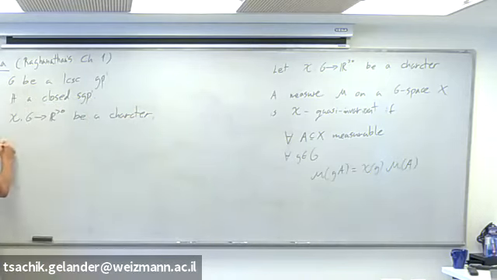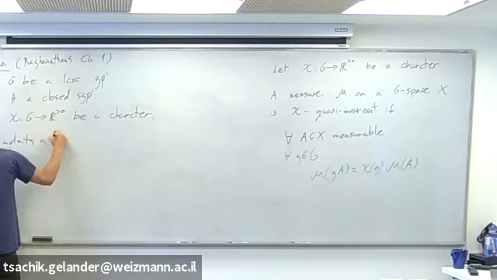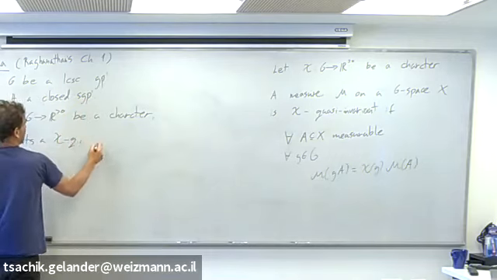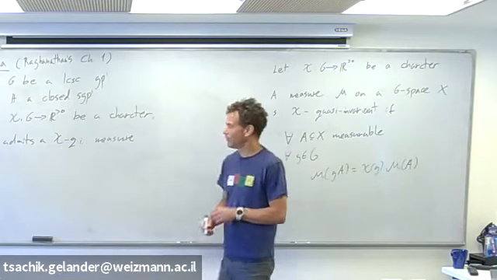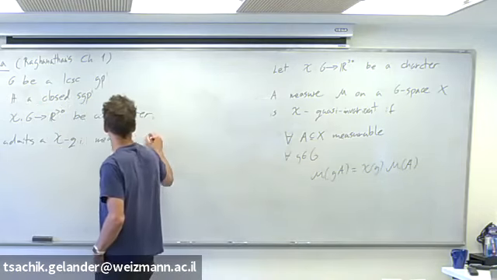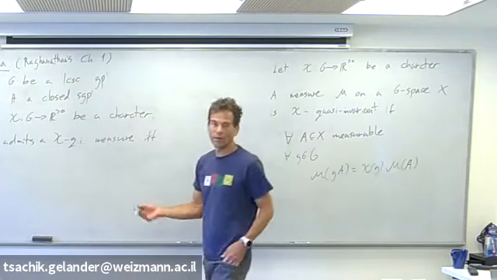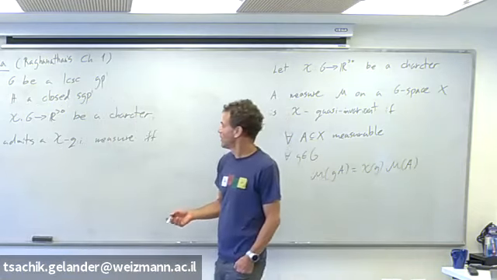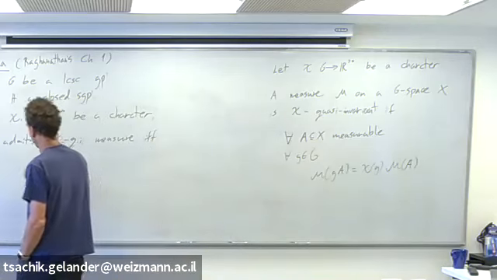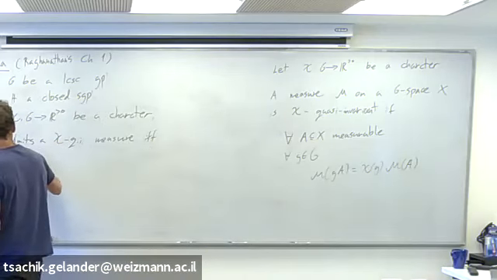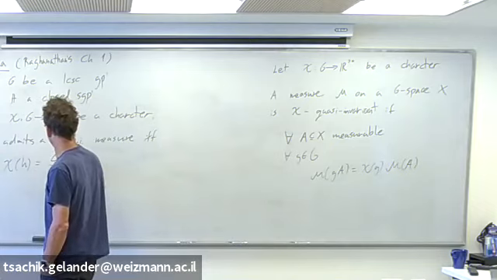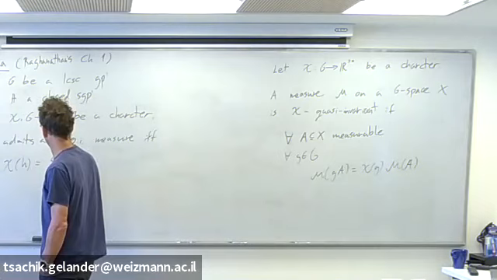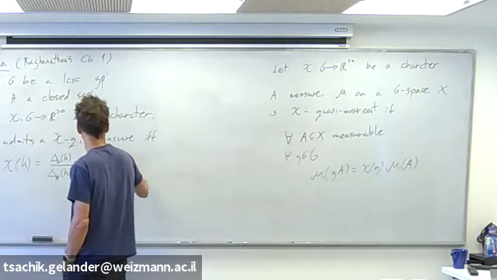G mod H admits a chi quasi-invariant measure, I mean a non-trivial positive, open and finite on compact sets Radon measure, if and only if chi of h equals delta G of h divided by delta H of h for every h in H.